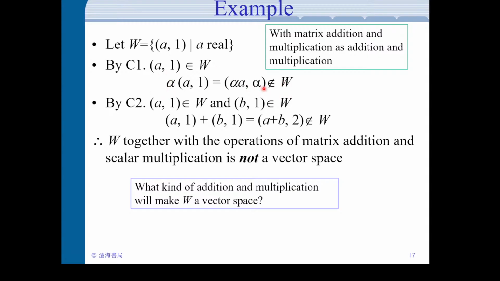If alpha does not equal 1, this is not inside W. So W is not a vector space because it is not closed under scalar multiplication.